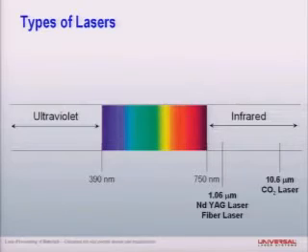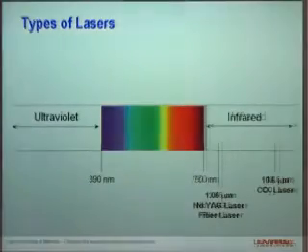Another popular type of laser is the neodymium YAG laser at about 1 micron. That's very effective for cutting and marking metals, because that frequency can load into the metals and interact with them much more efficiently than the CO2 laser. CO2 laser can load into metals, but you need a lot more power. You need to heat it up before it'll be susceptible to that frequency.